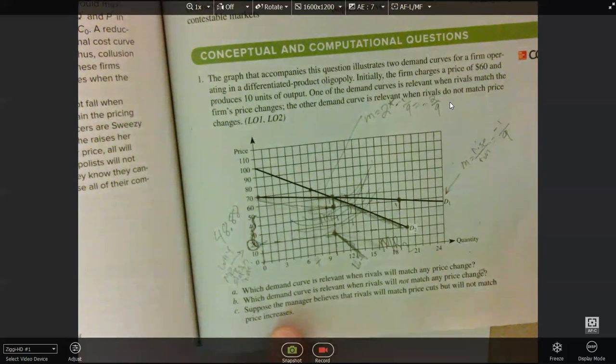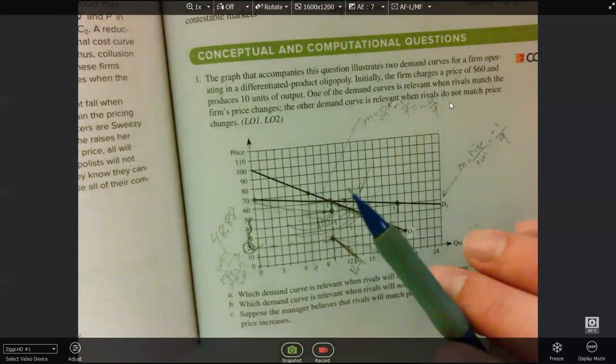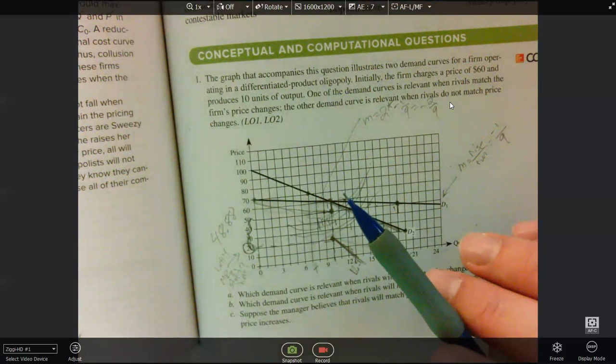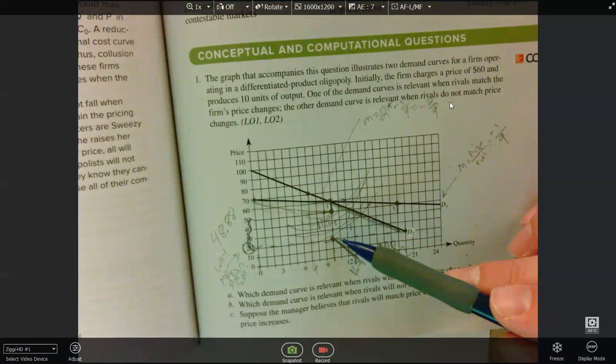Yeah, it was the other one. There's no 20s mentioned here.